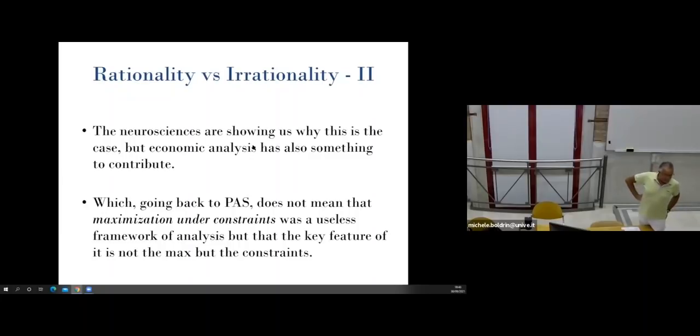But clearly, modern research tends to point out that what might be even more relevant than the fact that you try to do your best, that's what maximization means, are the constraints under which you act. And not just the resource constraint, but also the constraint defined by your perception of the world, your model of the world, your ideas about what's feasible and what's not, and obviously your preferences, because the preferences are a constraint in the maximization process. They are the biggest constraint.